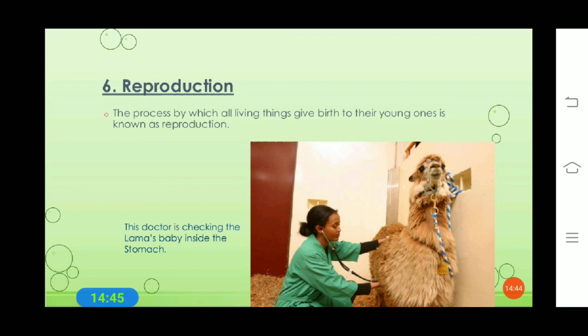So animals reproduce their own kind, and the mode of reproduction may be different in different kinds of animals. Some animals produce their young ones through eggs, and some animals give birth to young ones. Plants also reproduce like animals, and they also differ in their mode of reproduction.